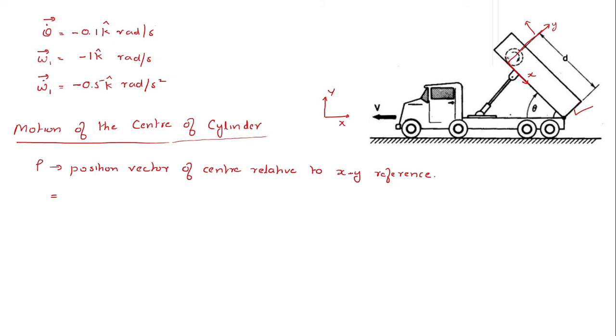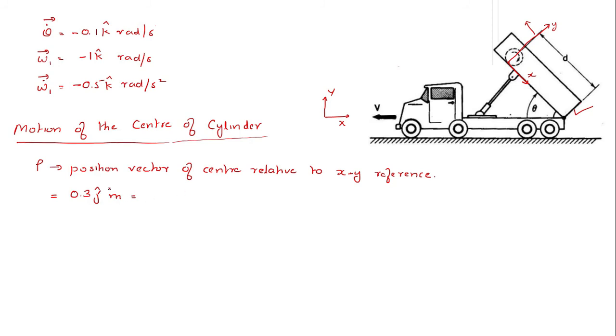So I can write rho as 0.3 j dash cap, in terms of meter.